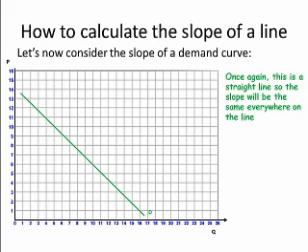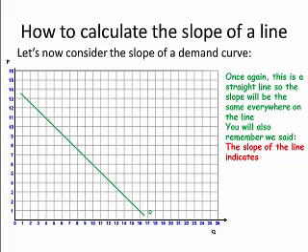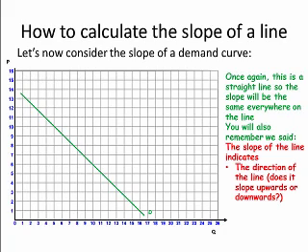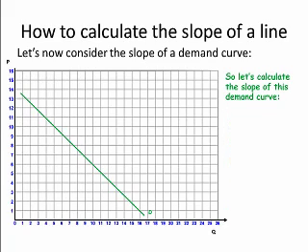Let's now consider the slope of a demand curve. Once again, this is a straight line, so the slope will be the same everywhere on the line. You will also remember we said that the slope of the line indicates the direction of the line, i.e. does it slope upwards or downwards, and how steep or flat it is. So let's calculate the slope of this demand curve. First, identify 2 points on the line.